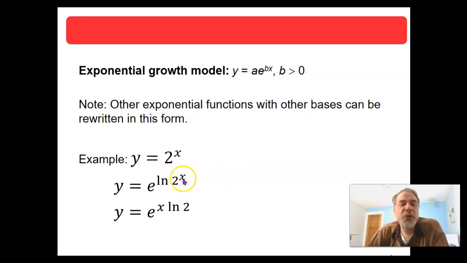And then the ln of 2 to the x power is equivalent to x times the ln of 2 by one of those properties of logarithms. So I can write it as y equals, here the a would just be 1, times e to the b, which would be the number ln of 2, times x. So this does count as one of these exponential growth models of the form y equals a times e to the bx.